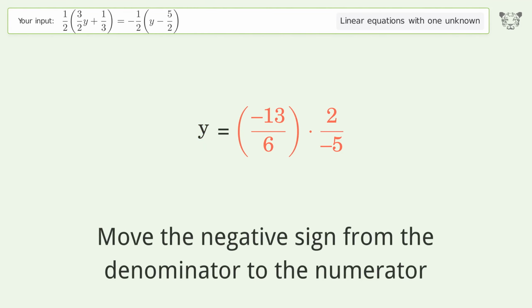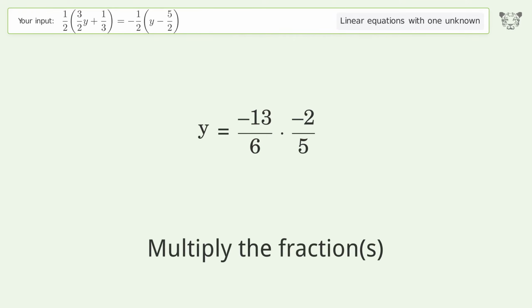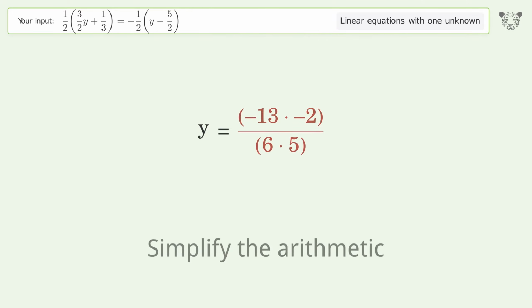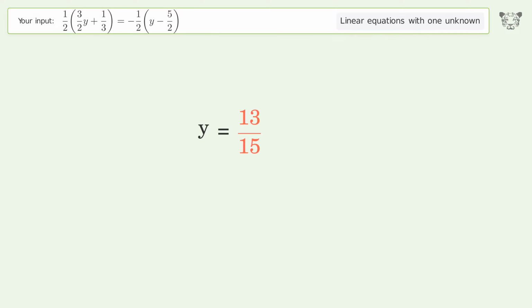Move the negative sign from the denominator to the numerator. Multiply the fractions. Simplify the arithmetic. And so the final result is y equals 13/15.